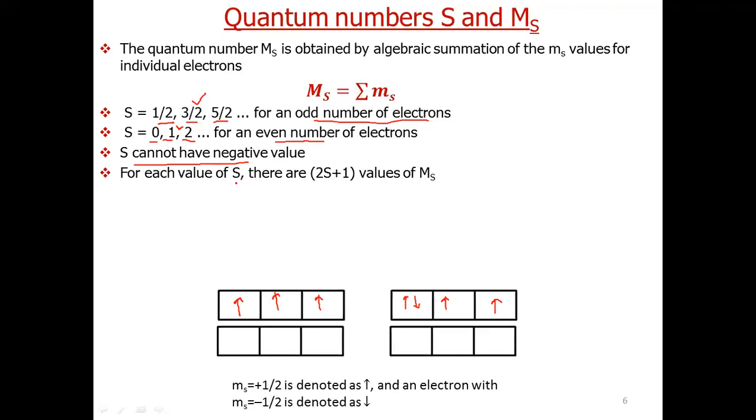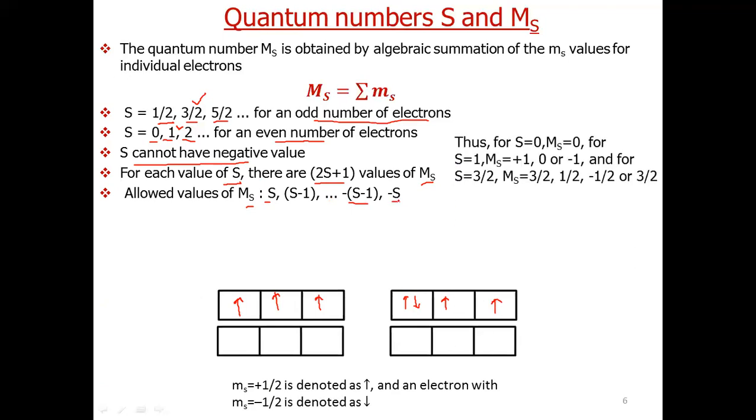Similarly to L, for a given value of capital S, we have 2S plus 1 values of MS, which are given by plus S, S minus 1, up to minus S plus 1 and minus S. Thus, you can see if S is 0, MS is 0. It can have only one value.